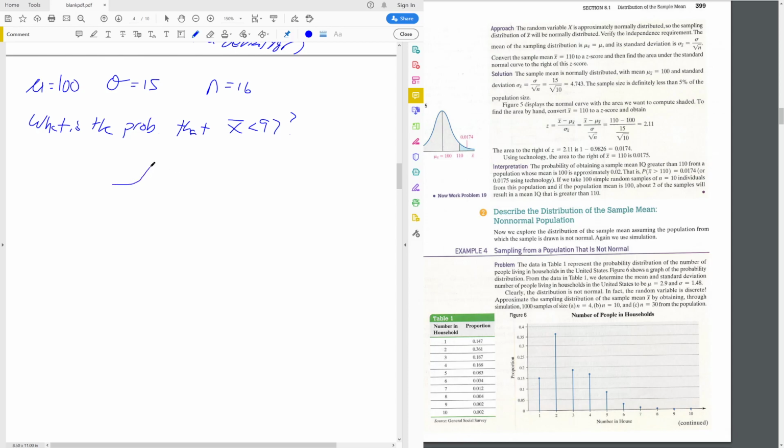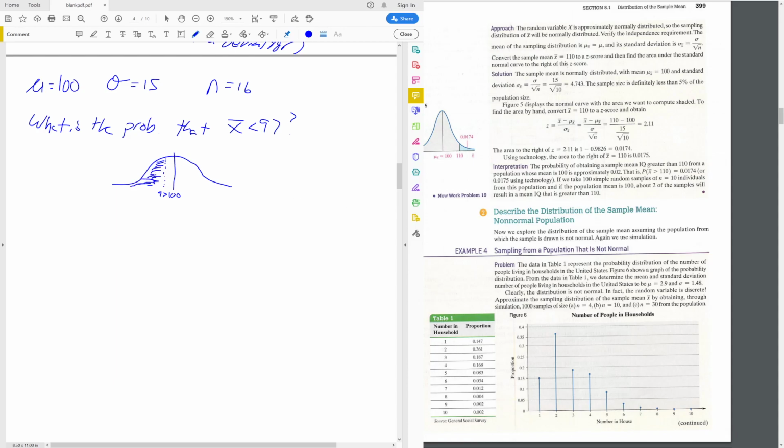So I'm going to draw a curve. Okay, and I know that this is centered at 100. And I'm talking about less than 97, so I'm going to put 97 kind of where it would be. And I'm looking at this shaded area.